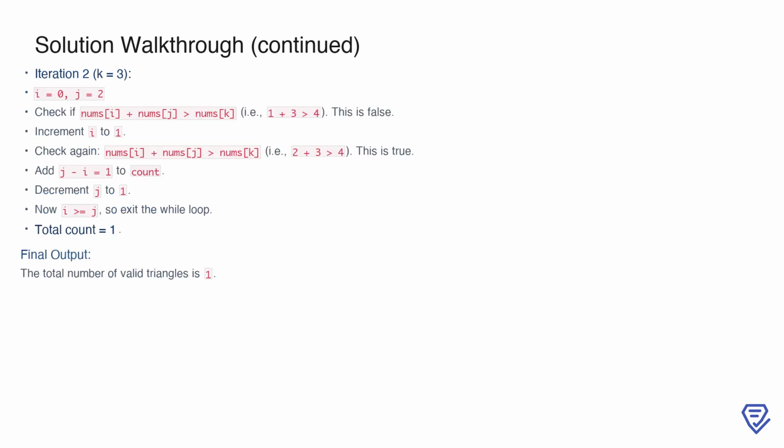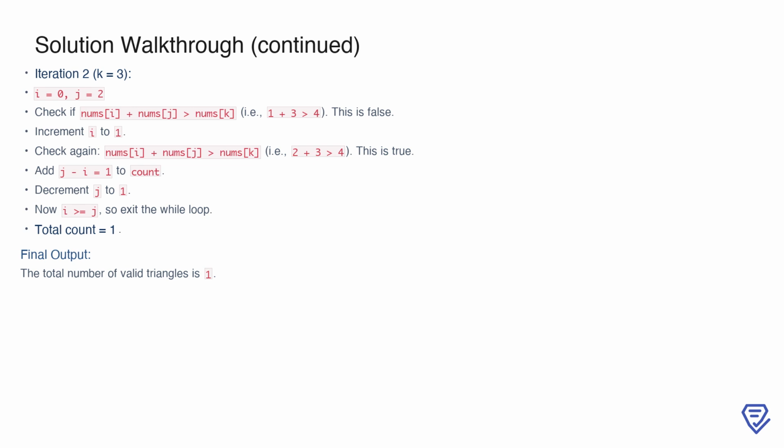For the second iteration in this example, k equals 3, making 4 the largest side. The left pointer i is set to 0, and the right pointer j is 2. First, we check if nums[i] plus nums[j] is greater than nums[k], or 1 plus 3 is greater than 4. This condition is false, so we increment i to 1. Now we check again: nums[i] plus nums[j] is greater than nums[k], or 2 plus 3 is greater than 4.